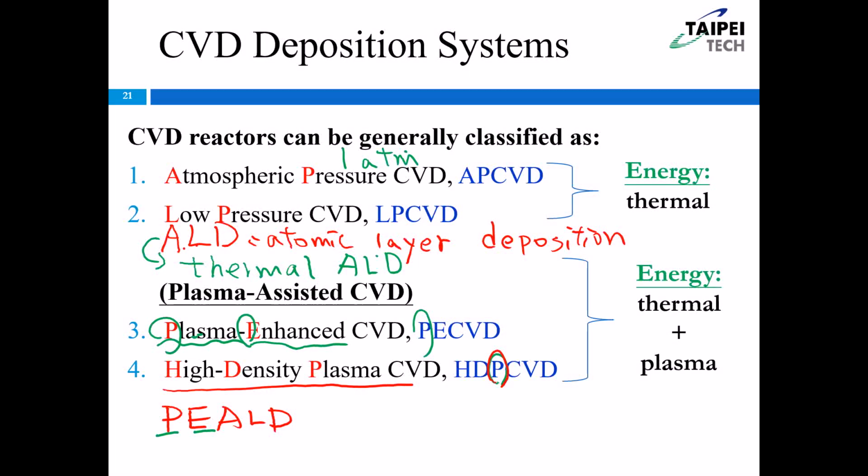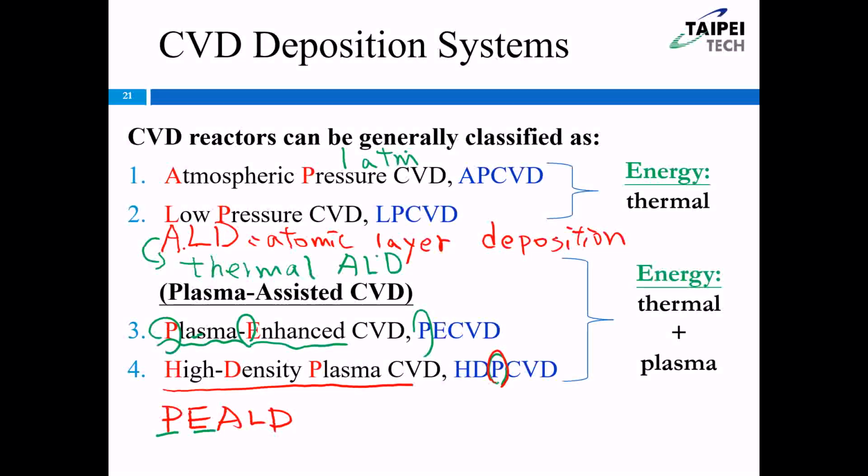So right now tell me what is the difference between the first CVD and the second CVD with the plasma. For the second kind of CVD, we have the plasma, like PECVD, HDP CVD, or PEALD.